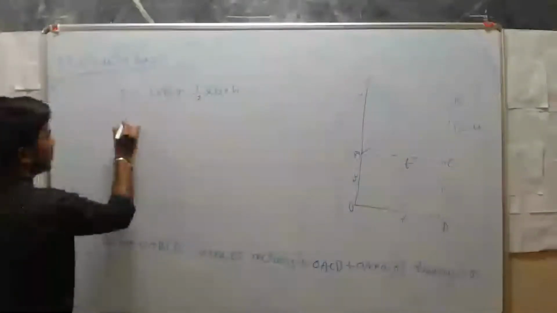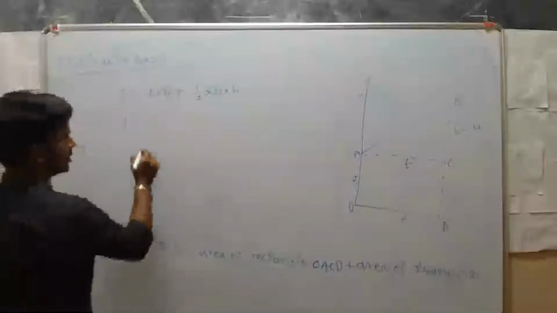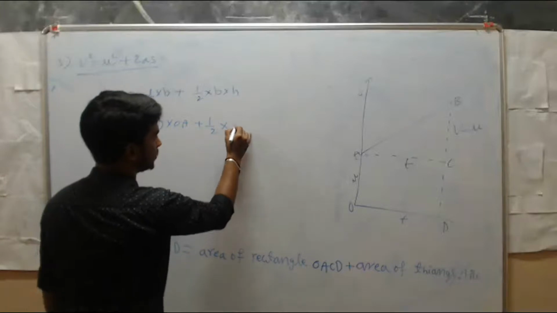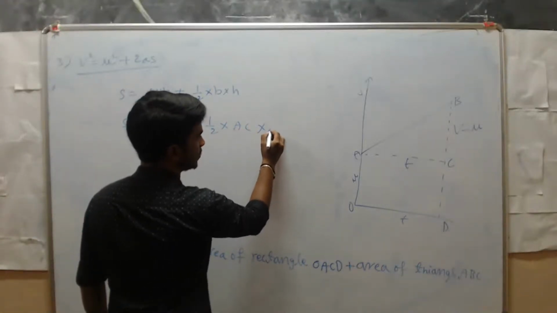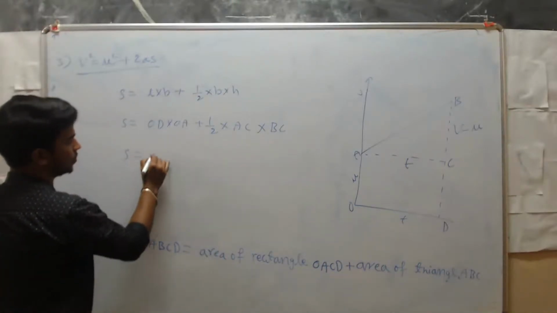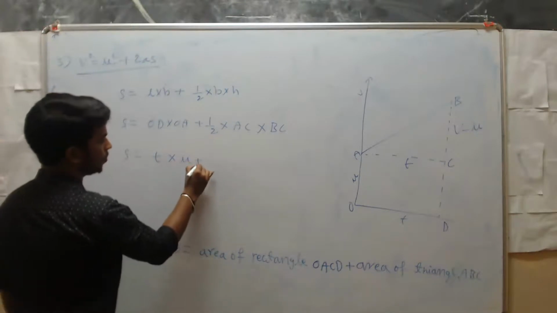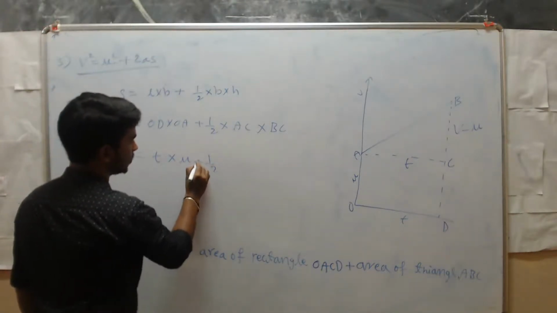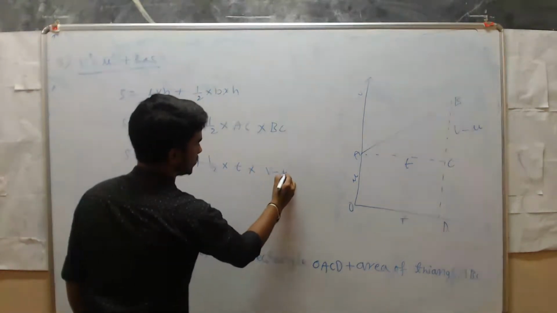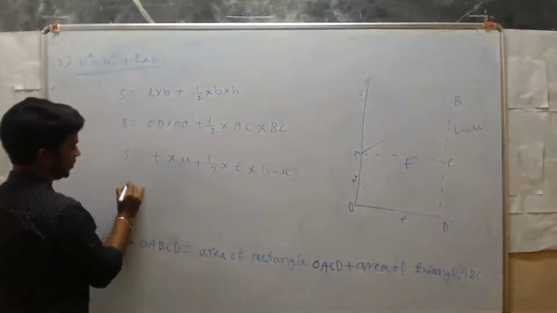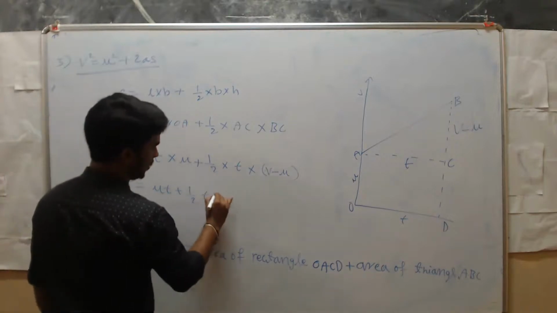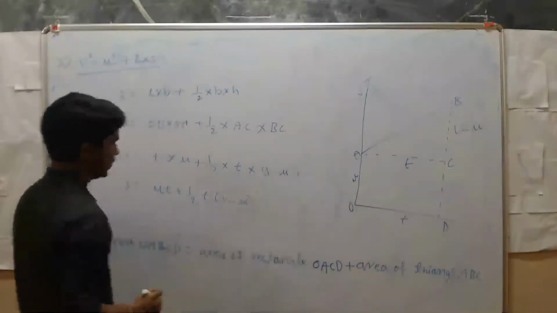Then S equals OD into OA plus half into base AC into height BC. S equals OD into U plus half into AC is T and BC is V minus U. So we can write S equals UT plus half into T into V minus U.